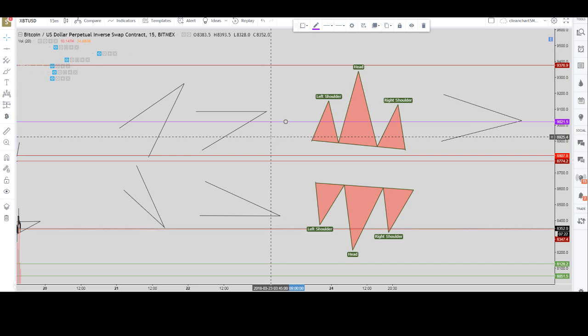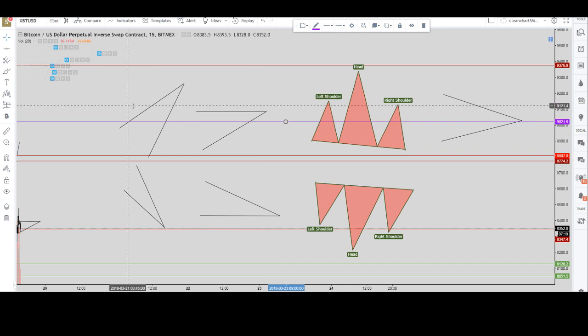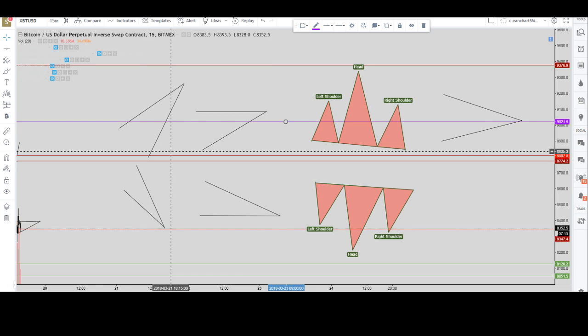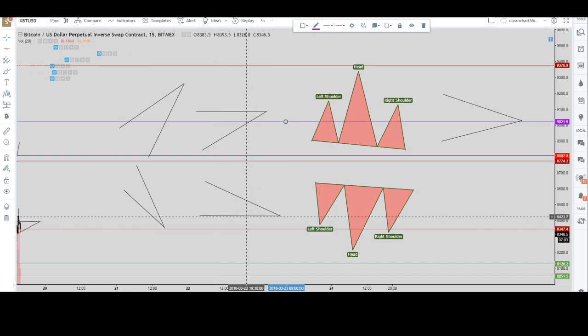Sometimes it goes well, sometimes it doesn't, but I find the wedges to be much more reliable when playing moves. But rarely do you see a rising wedge moon out the top, but you've seen ascending triangles dump out the bottom, or descending triangles moon out the top all the time.